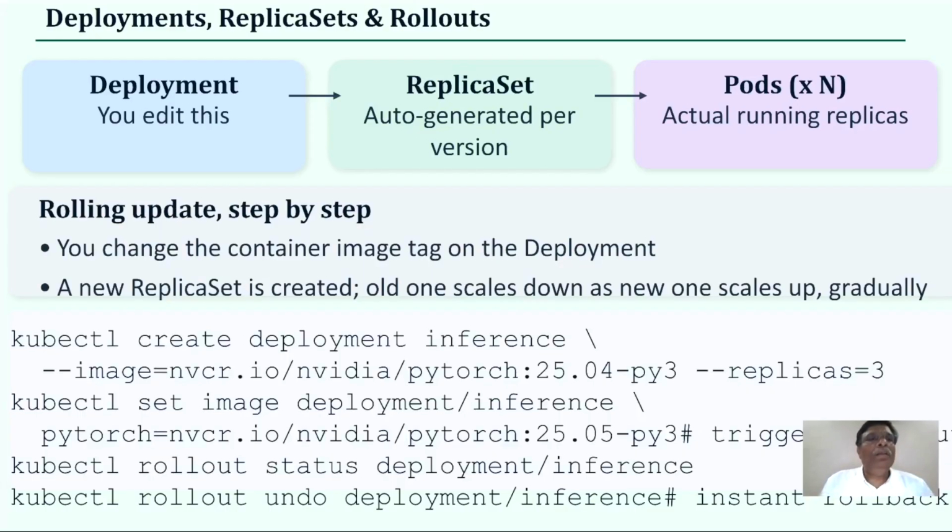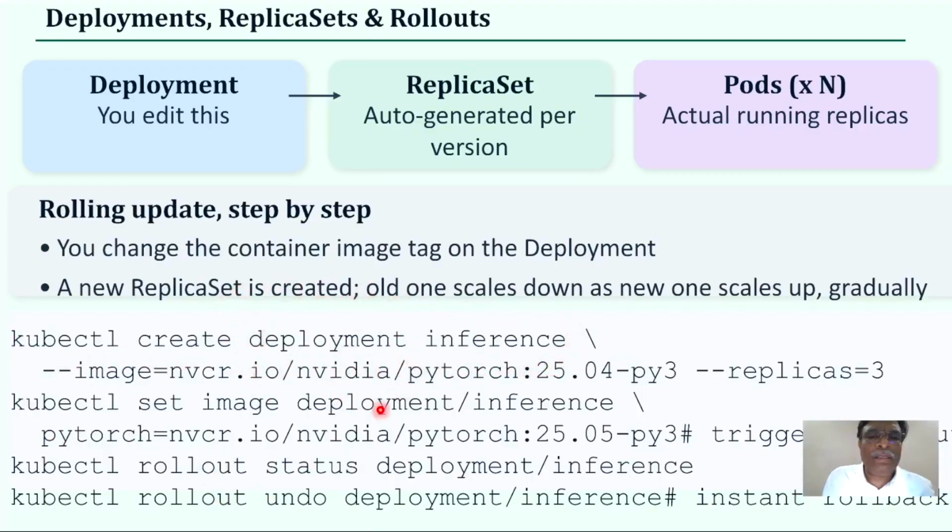So deployment, replica sets, and rollouts. This basically means we can change the container image tag on the deployment, and a new replica set is created. The old one scales down as the new one scales up gradually. So this basically means, let us say we are trying to have a deployment for inferencing, right?